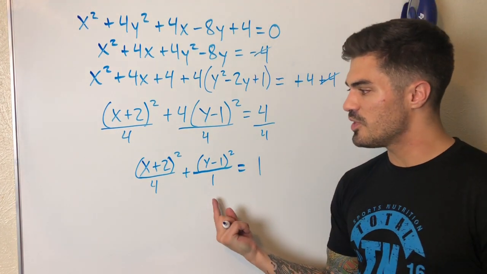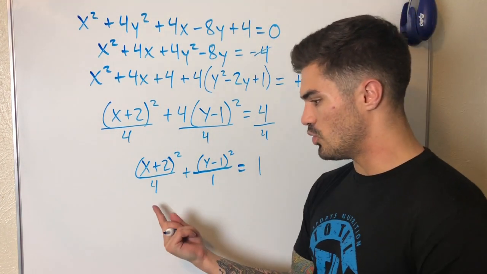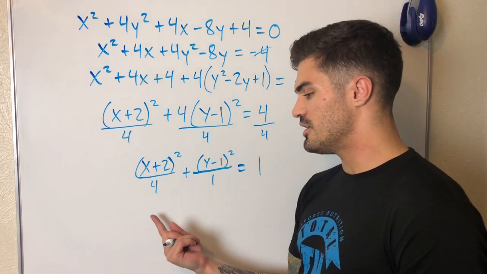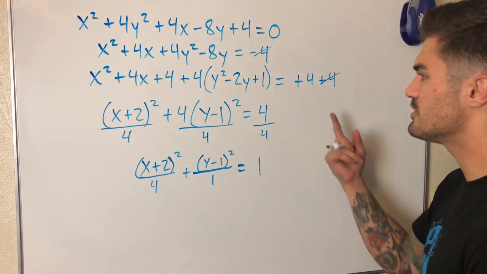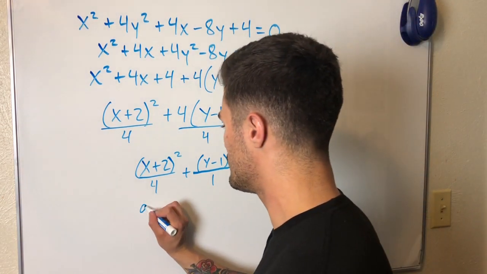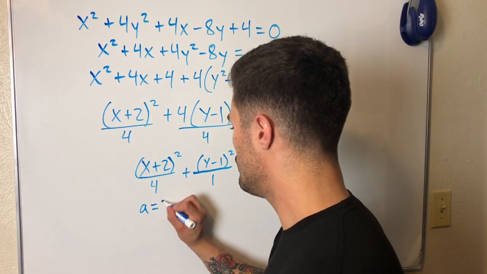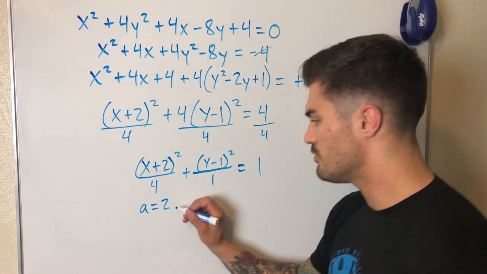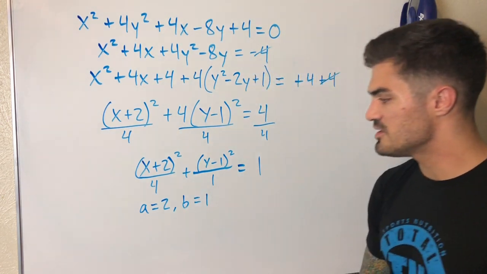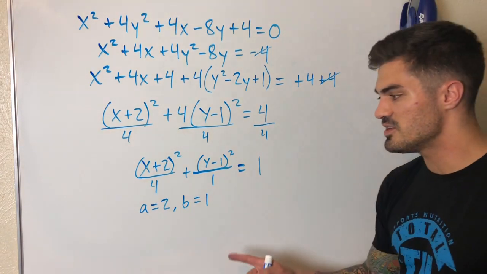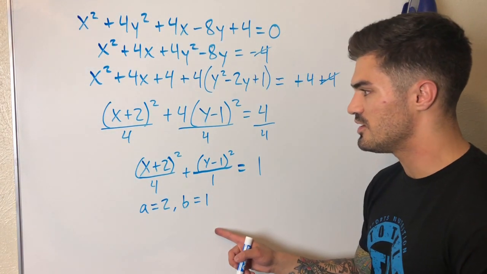So my a squared, remember that's always the bigger one. My a squared is 4, right? Which means my a is 2. So let's see, where can I write this stuff? Hopefully y'all can see down here. My a is 2. My b squared is 1, which means my b is 1. And I can find my c because, again, a squared minus b squared equals c squared.